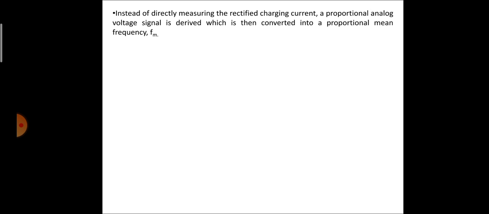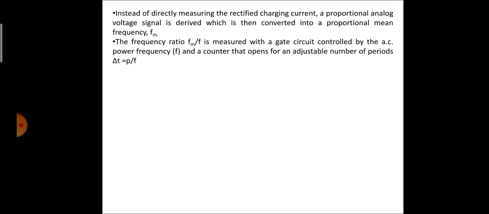But here, instead of directly measuring the rectified charging current, a proportional analog voltage is derived, which is then converted into a proportional mean frequency Fm. Now the frequency ratio Fm by F is measured with a gate controlled circuit.